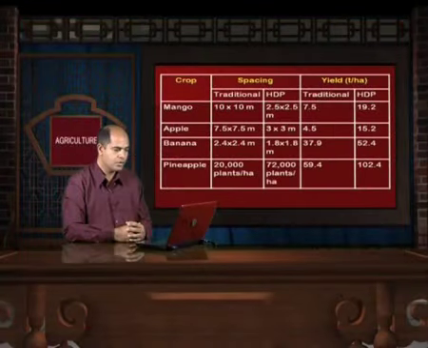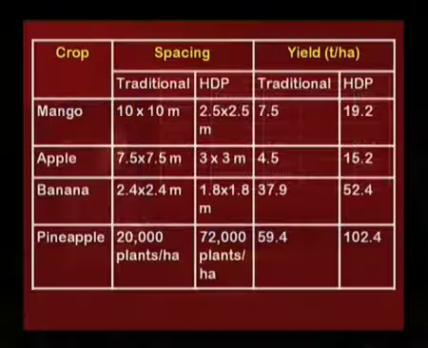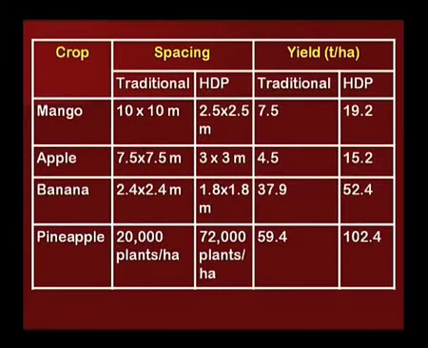This table shows the traditional and high density planting spacing and compares the yield in both systems. Like in the crop mango, traditionally the plants are planted at a spacing of 10 by 10 meters.